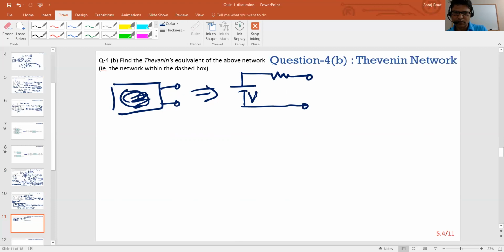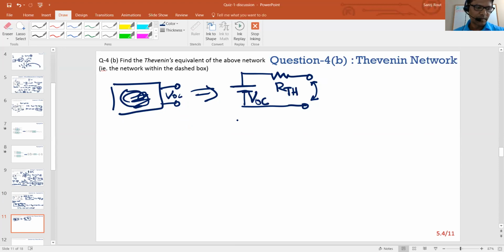This voltage is usually called V Thevenin or V open circuit. Open circuit in the sense that you have these two terminals open, without loading it, and you find out what the voltage across it is. That's the value of that voltage source. And that's your Thevenin resistance. In order to find that Thevenin resistance, you make all independent sources 0 inside and find the impedance at that node, right?